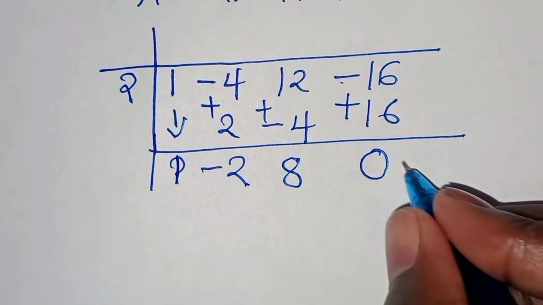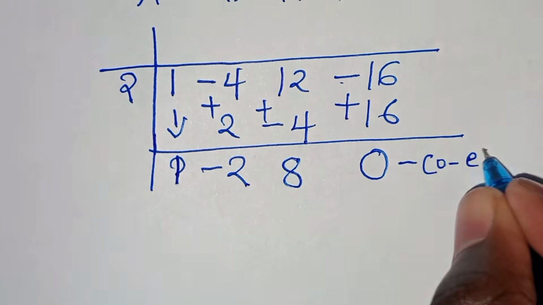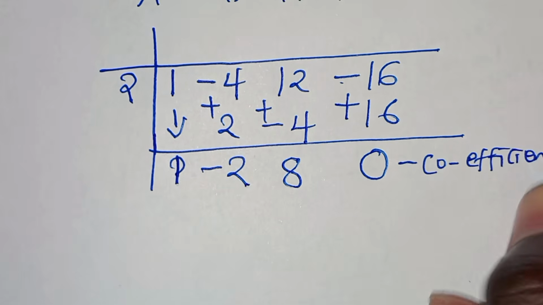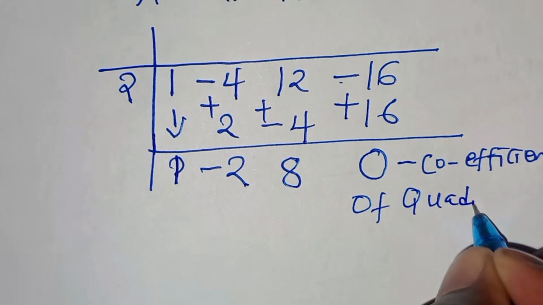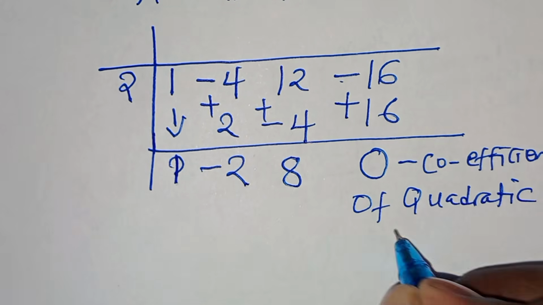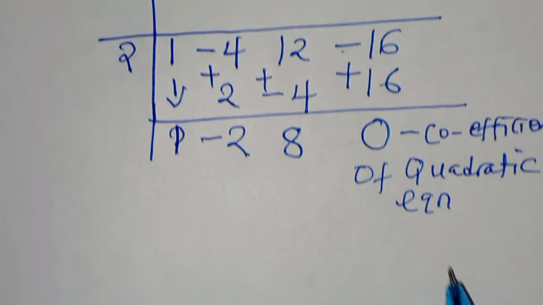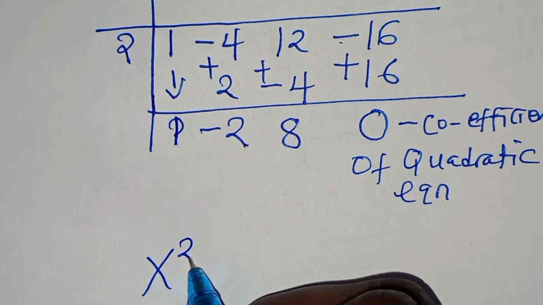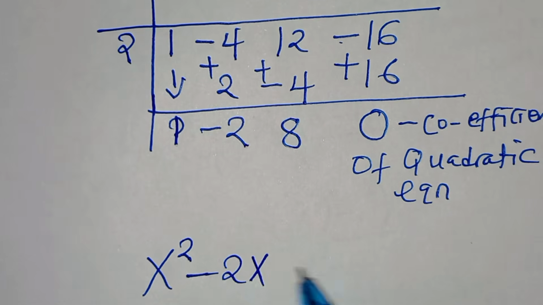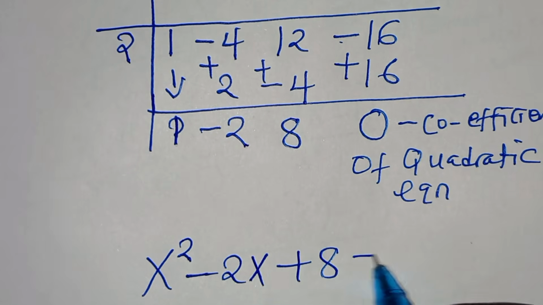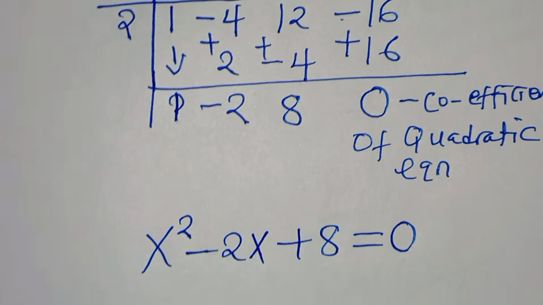These are the coefficients of the quadratic equation. So we have x to the power of 2 minus 2x plus 8, which is equal to 0.